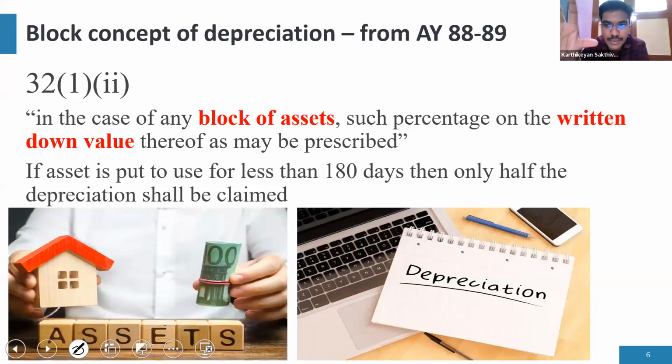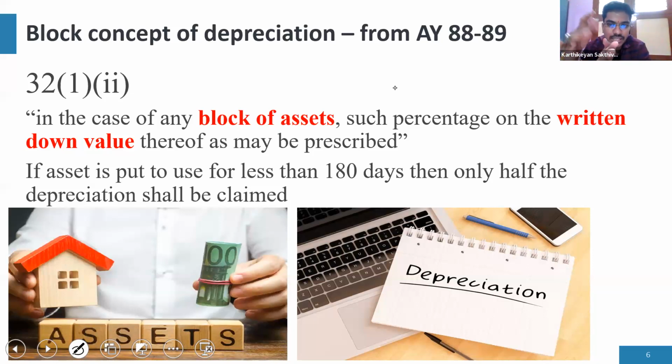This is one of the very, very important areas of testing, because without depreciation, you cannot solve a PGBP problem. So let us understand depreciation properly. From assessment year 88-89, the block concept of depreciation is being used. So instead of depreciating individual assets, we will depreciate the block of assets.